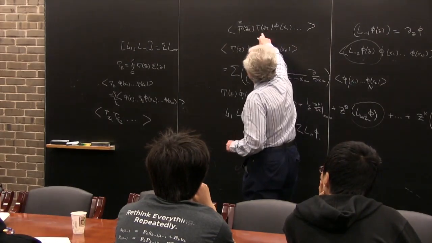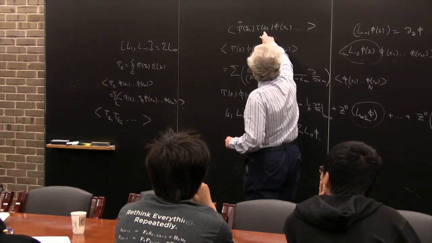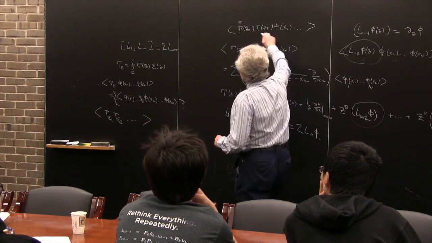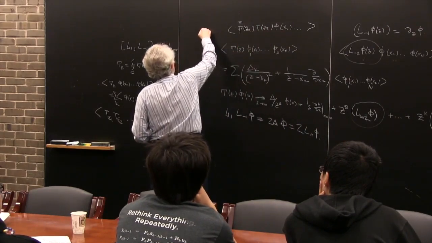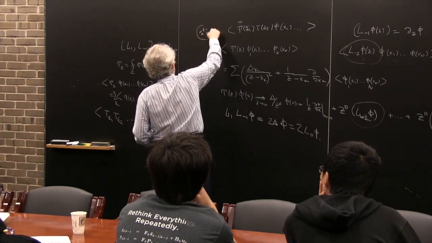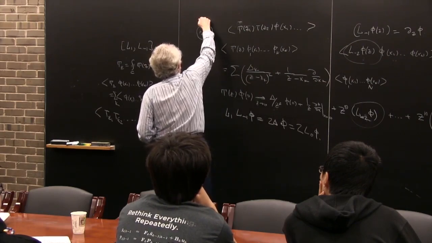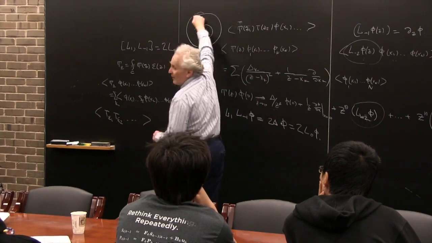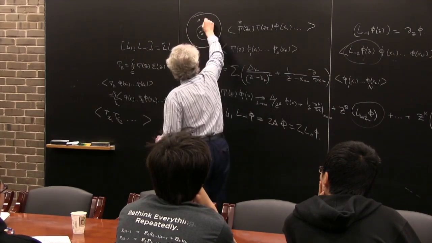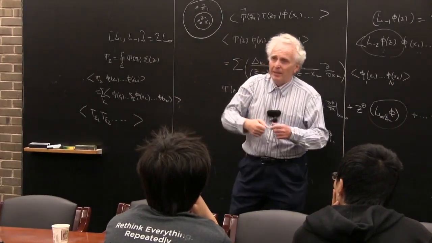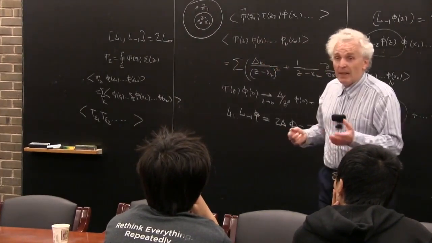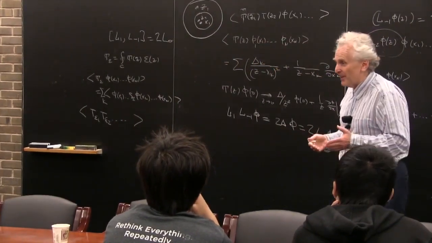What I mean is that you can fuse first z2 with x1. So you have the point x1, you take z2, and you fuse them. And then after that, you fuse the result with z1. And then you can do it the other way around, in the other order. And the result, generally speaking, will be different.